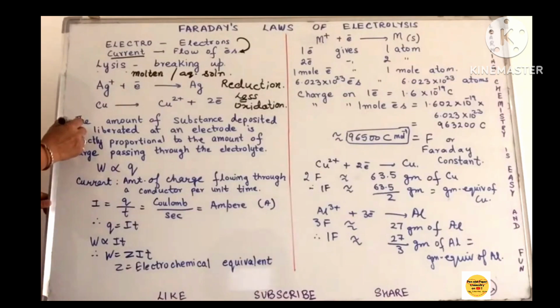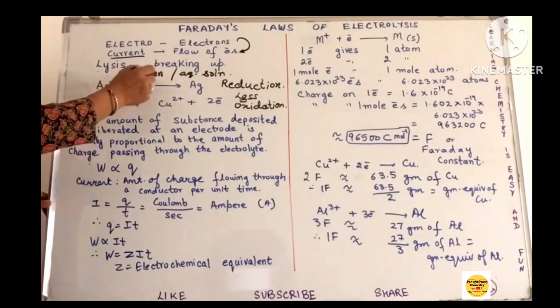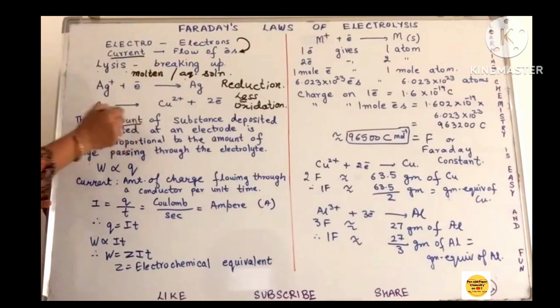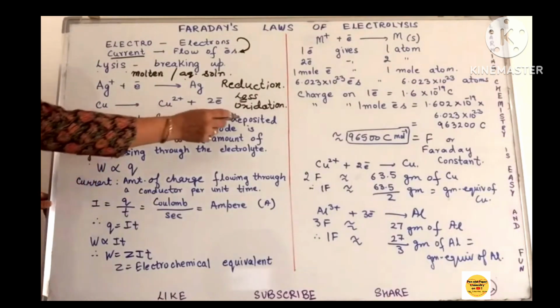Faraday's first law says that when you pass electric current through an electrolyte, which is in the molten state or aqueous solution, the amount of the substance, that means the weight of the substance which will be deposited or liberated, it can be either way.